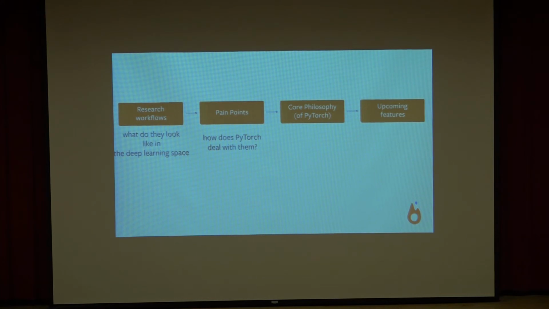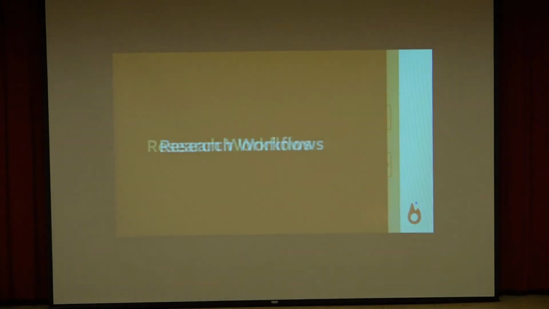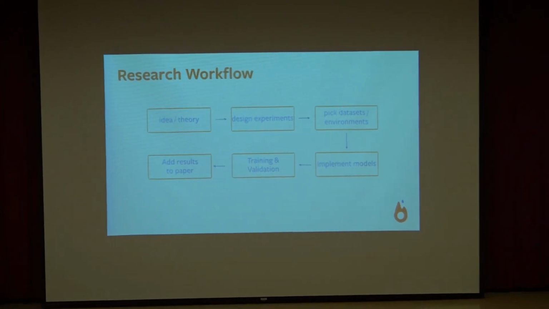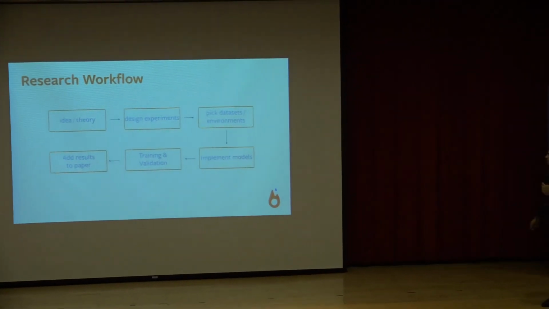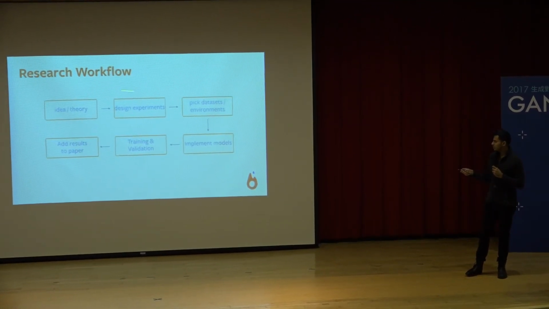So usually, let me go through how research workflows look like. Let's say you are doing your PhD or your master's here, and you have some idea. You're like, I want to try this new thing. Then you want to try this idea, so you design some experiments.